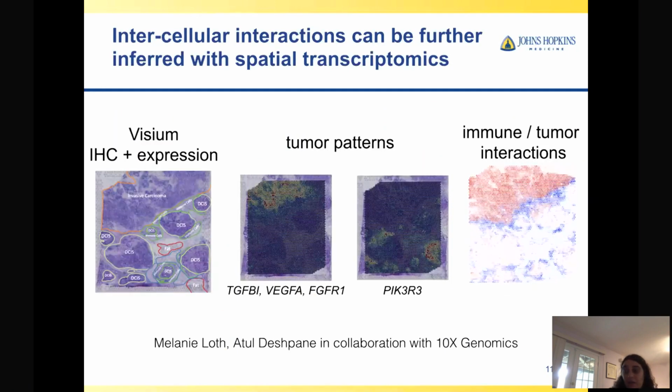If we start thinking about that too, not just in terms of network inference, what's happening in the field now is we're going from a point where we just have dissociated cells in single cell to fully spatially resolved single cell data. This is a data set that I got in collaboration with 10x Genomics with their new Visium platform of a breast tumor. You can see on the left, using pathology, it's annotated into several different regions.